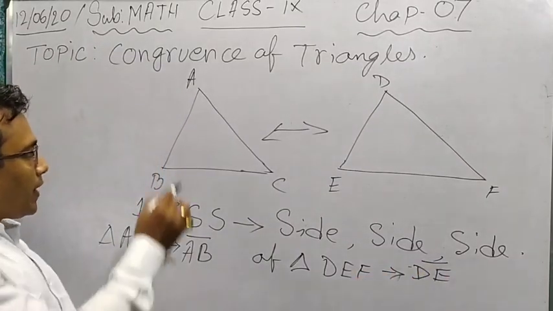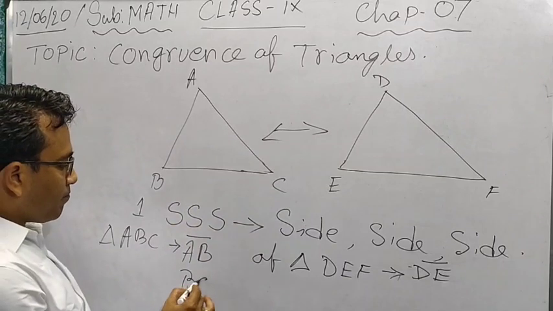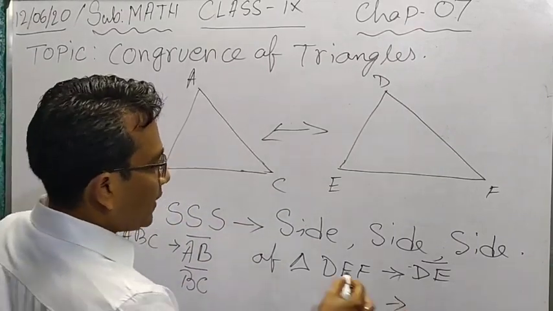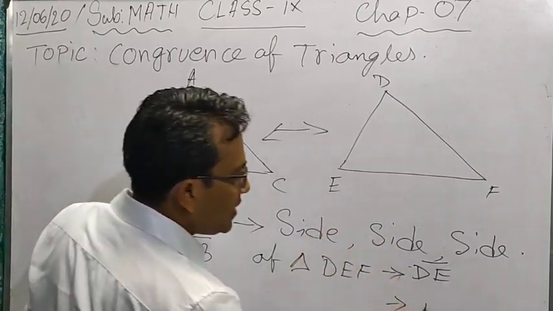Again, side BC is equal to EF of triangle DEF.